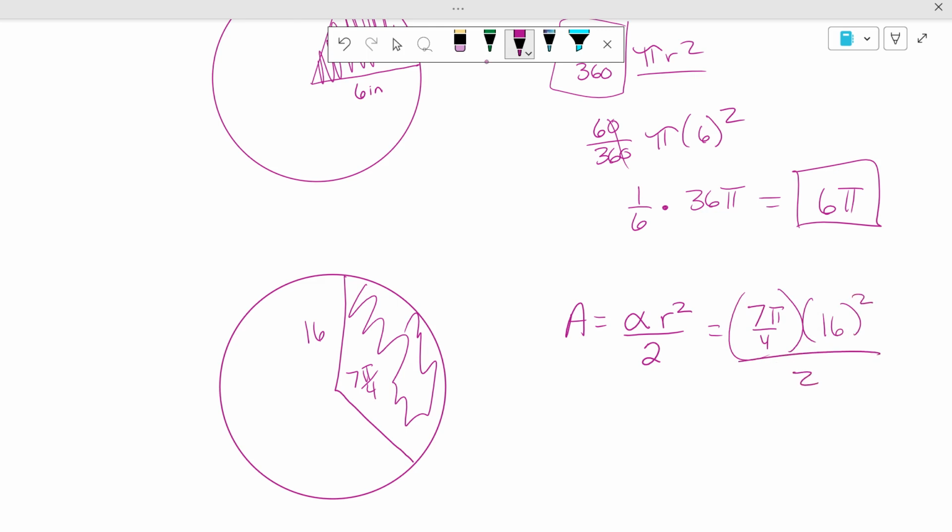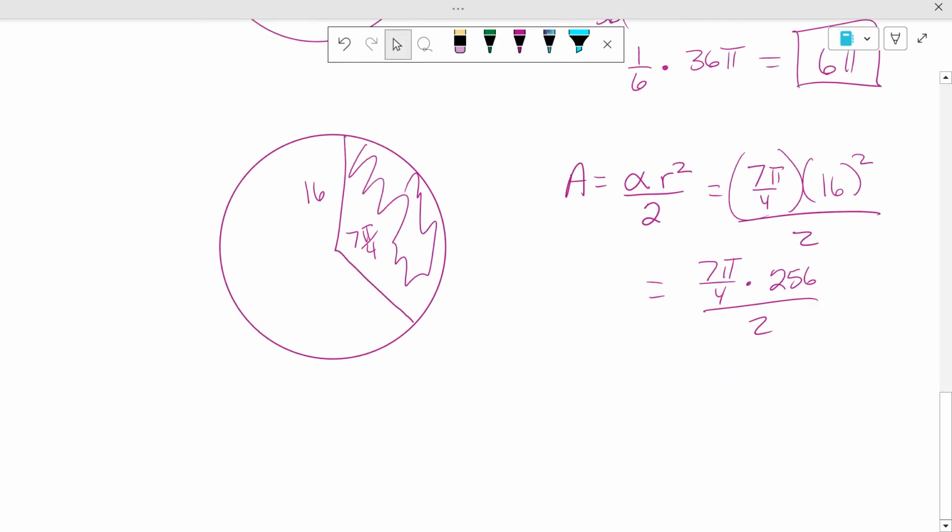So you take 7 pi over 4 times 16 squared, all over 2. Well, 16 squared is 256. I know 4 goes into 256 64 times.